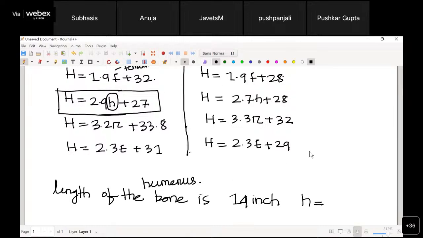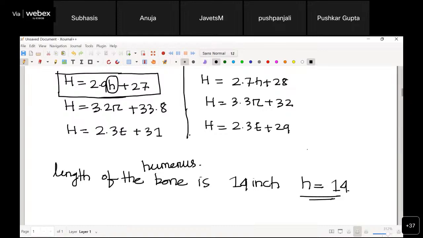That means here h is 14, right? Once you put h equal to 14 in this equation, you will get a value of capital H. So what will be the value of capital H?